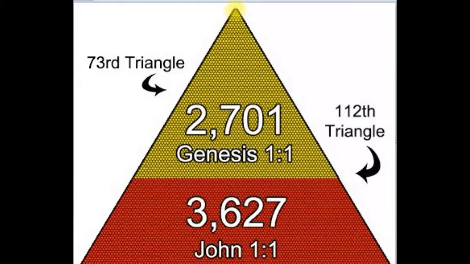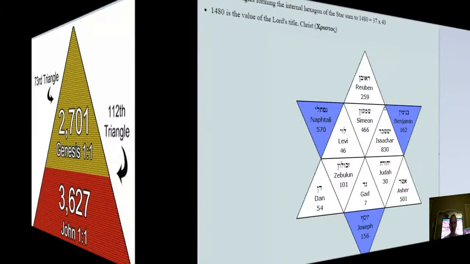So we can see we have 2,701 units forming this triangle of Genesis 1:1. And when we add the 3,627 units of John 1:1, we get our sum total. 6,328 units total that form our triangle.